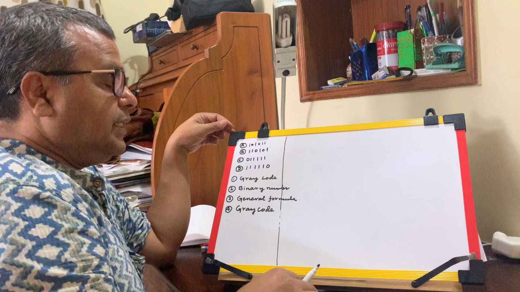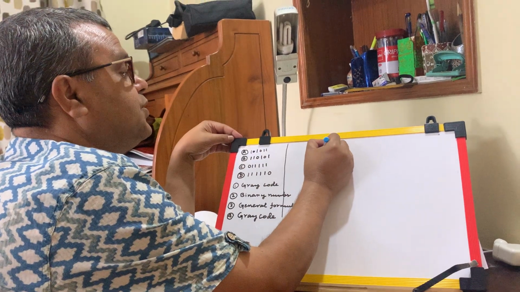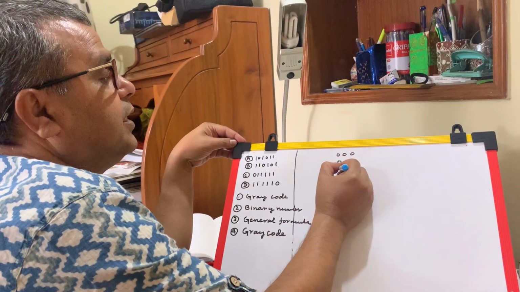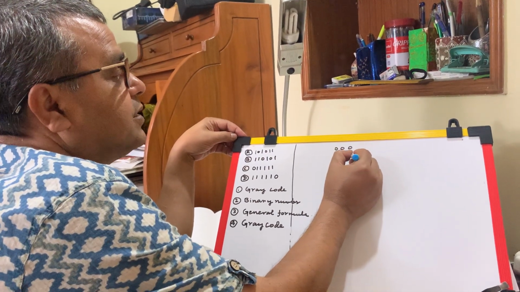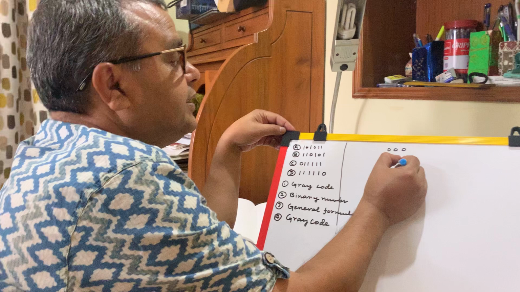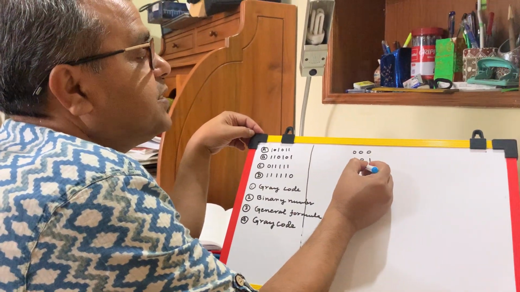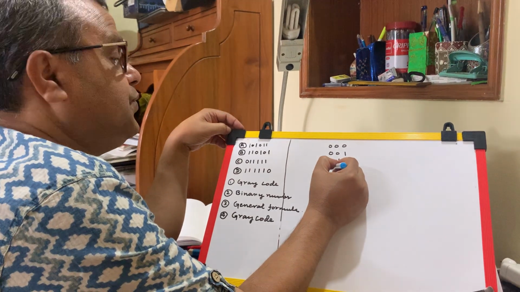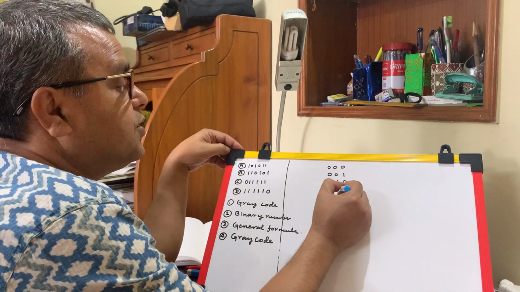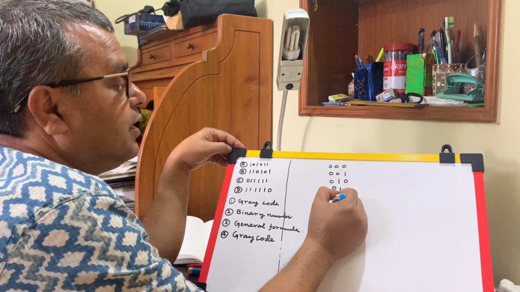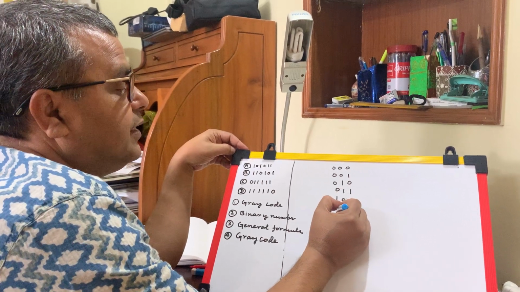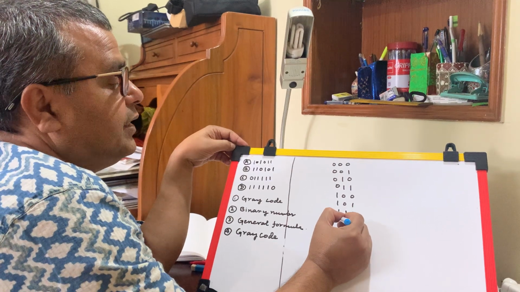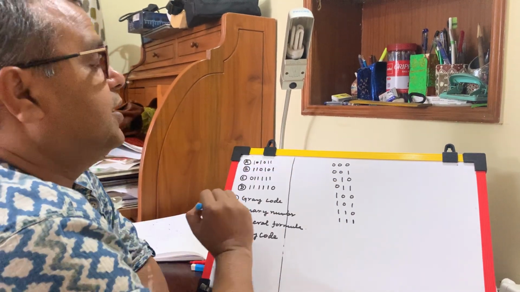If you look at the binary numbers, say 000, 001, and after that this 1 becomes 0 and this bit becomes 1, and it continues: 011, then 100, then 101, then 110, and then 111.